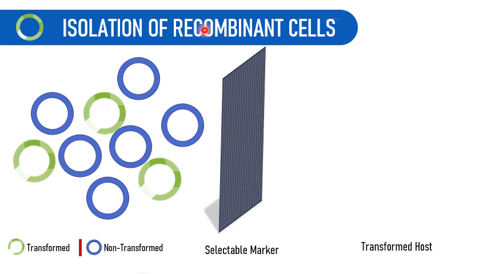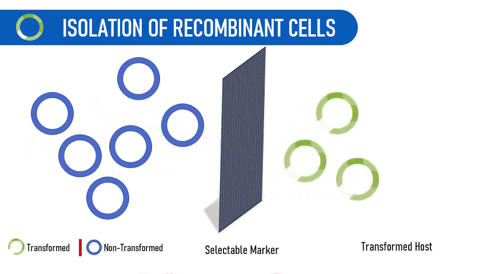So the selection process involves filtering the transformed host cells only, and for isolation of the recombinant cell, a selectable marker will be used, which may be an antibiotic resistance gene. By the use of the selectable marker genes, only the recombined cells which have the property to overcome that antibiotic will grow, and they are termed transformed hosts.